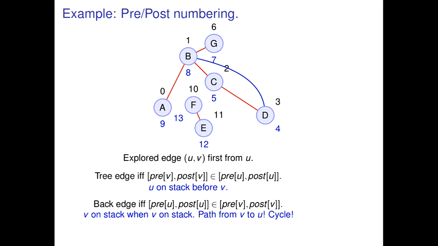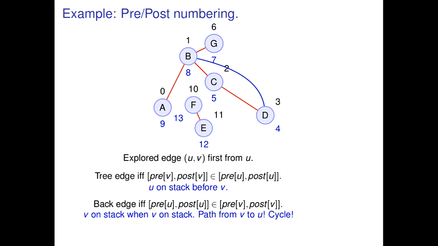Okay? And at that point, V is on the stack first. So that would say B is on the stack first. So this is what we call a back edge.